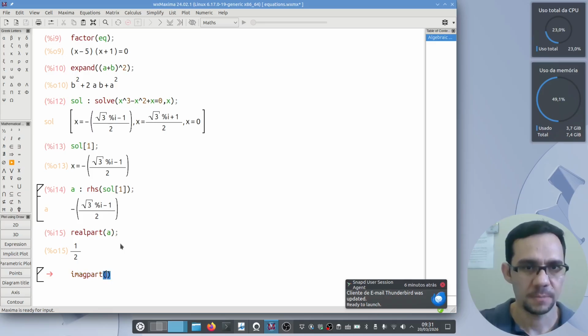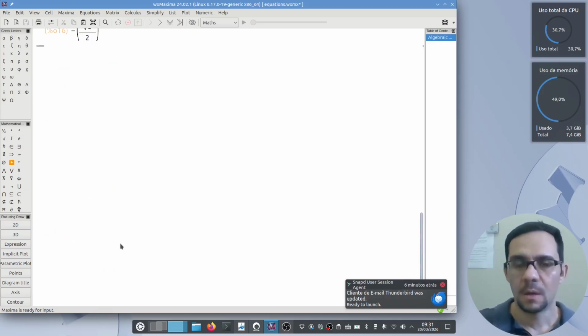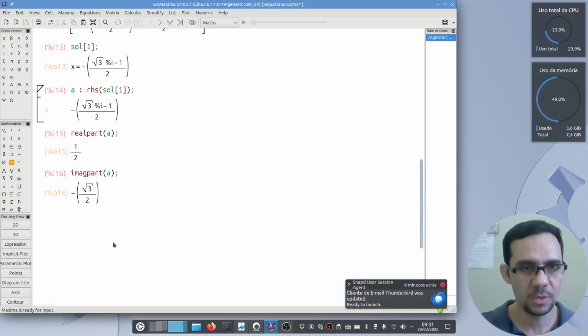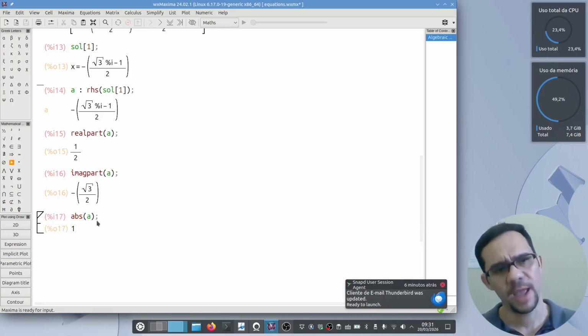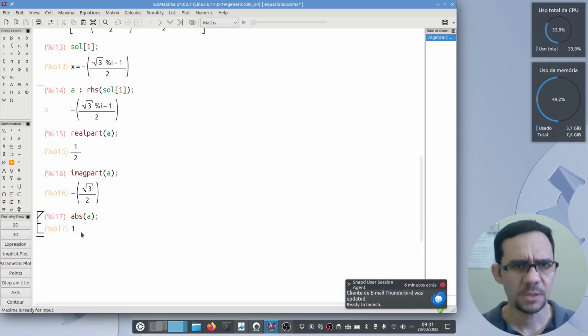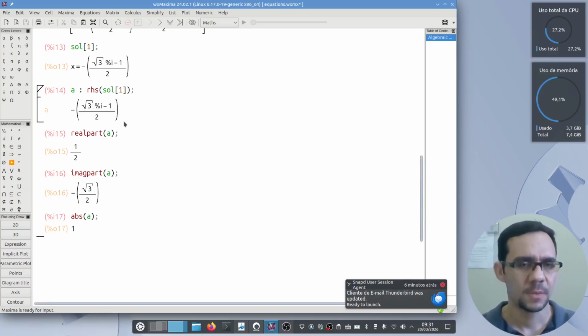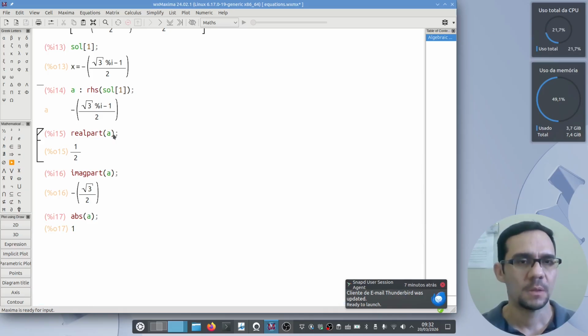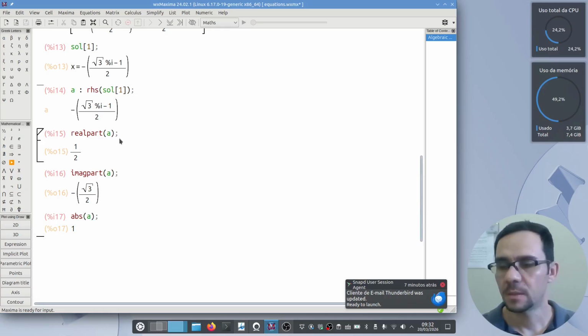Then I can make this. If I want to compute the absolute value of this number, then I have this. So this is just an example of things that Maxima does with complex numbers. I will not talk much about this because we don't use this much to make the animations we are going to make here. But for more complex animations, maybe you need to know how to deal with complex numbers.